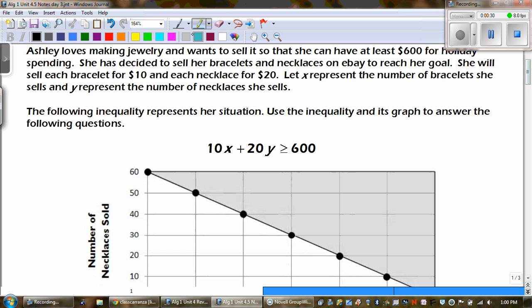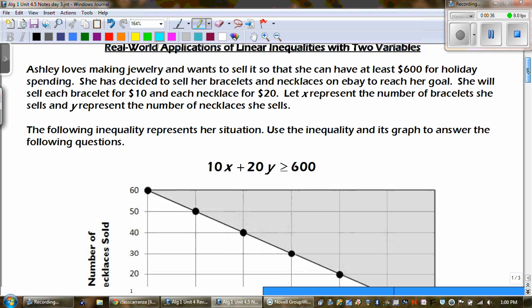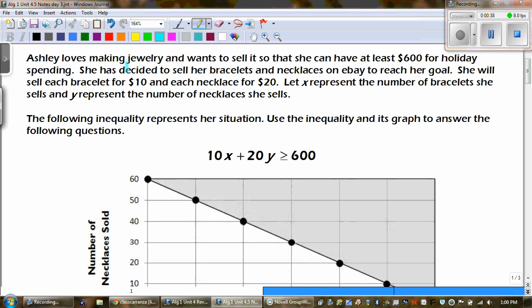So, Ashley loves making jewelry and wants to sell it so that she can have at least $600 for holiday spending. She has decided to sell her bracelets and necklaces on eBay to reach her goal. She will sell each bracelet for $10 and each necklace for $20. X represents the number of bracelets and Y represents the number of necklaces that she's going to sell.